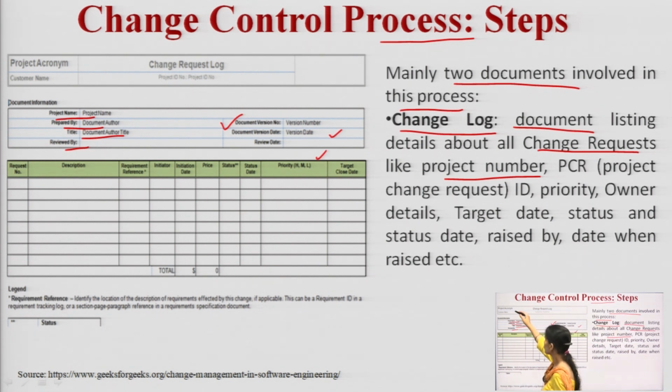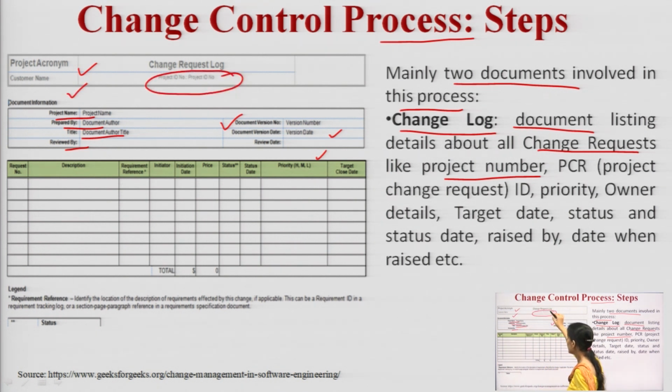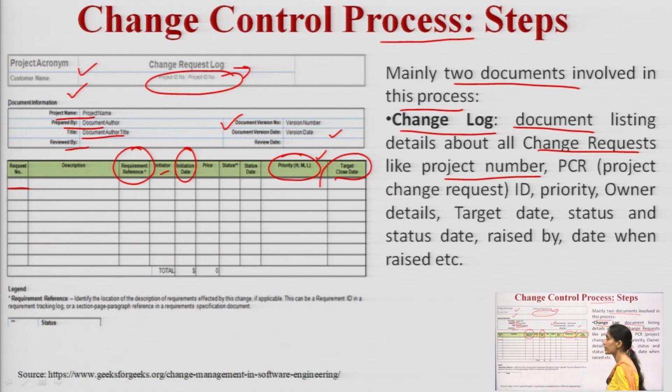Here I am doing it for any project, customer name, and there should be a project ID, and the change request log is generated as per this project ID. Now, the request number, description, the requirements referenced, who initiated, what was the date, the price, status date, how it is being prioritized, and the target close date.